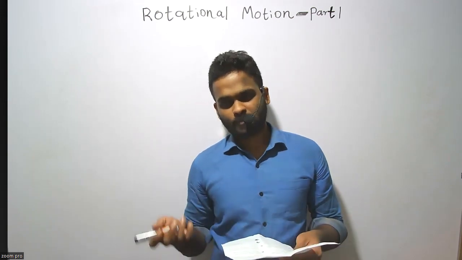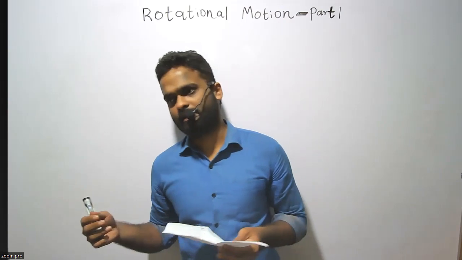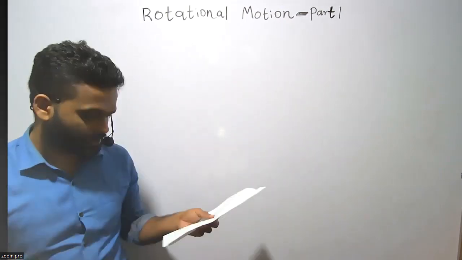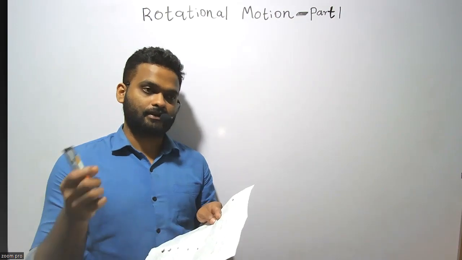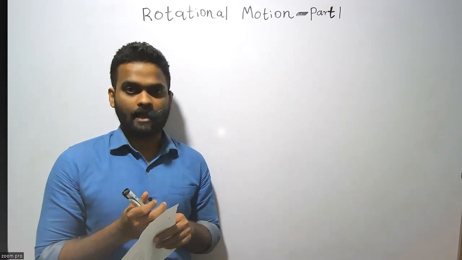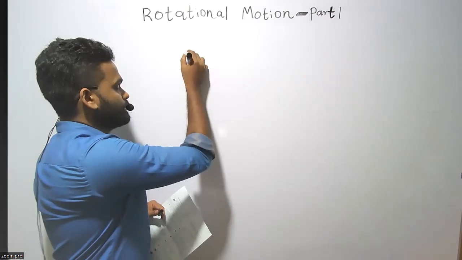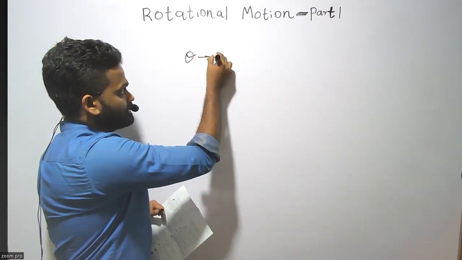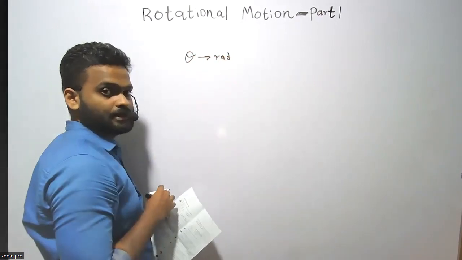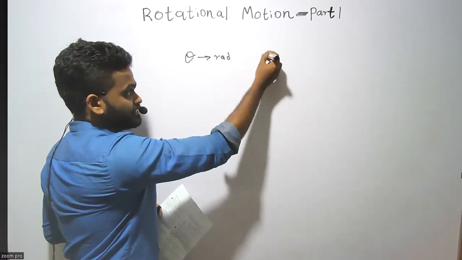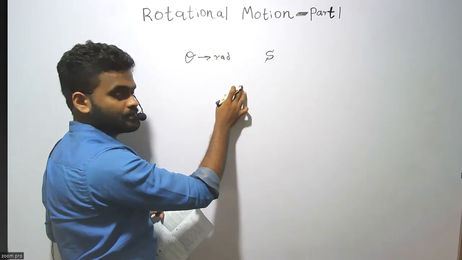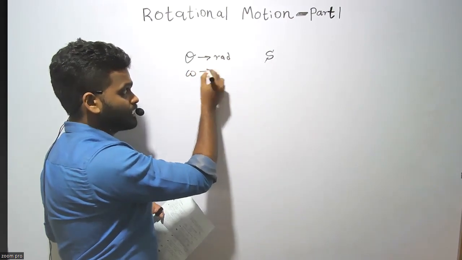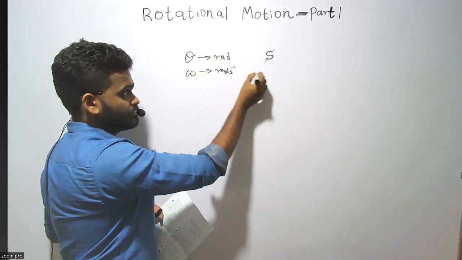Okay, so everything is like linear motion. So far we have discussed, we just introduced angular displacement first. I'll just give you a brief summary of this. Angular displacement is measured in radians. So this is similar to linear displacement. Then we discussed omega, rads per second.